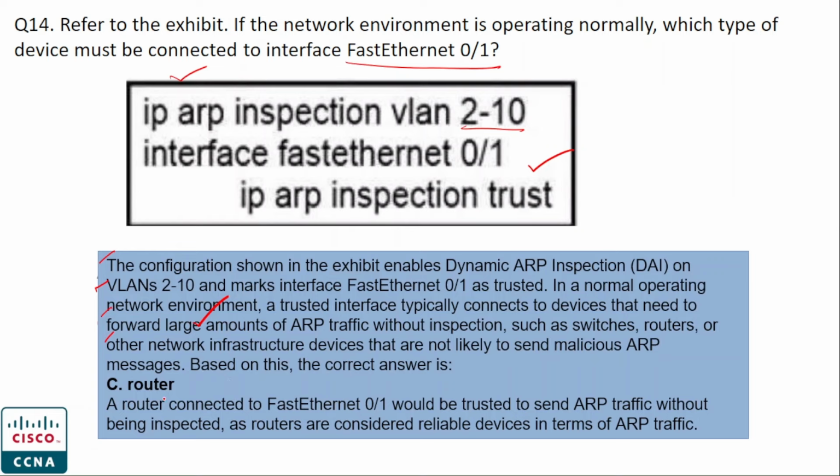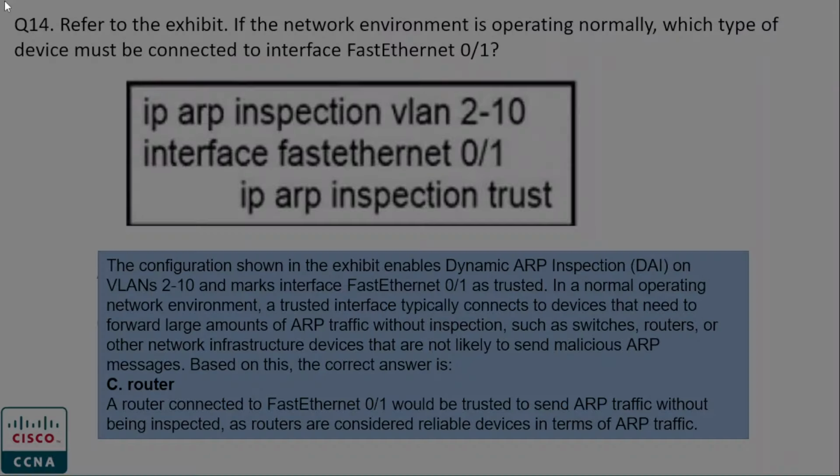Based on this, the correct answer is router. A router connected to FastEthernet 0/1 would be trusted to send ARP traffic without being inspected, as routers are considered reliable devices in terms of ARP traffic.